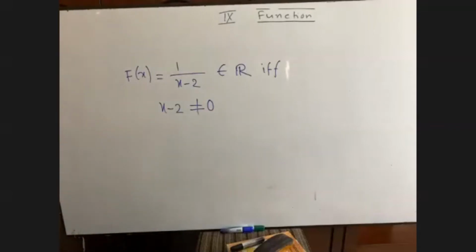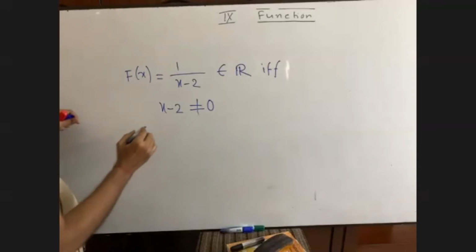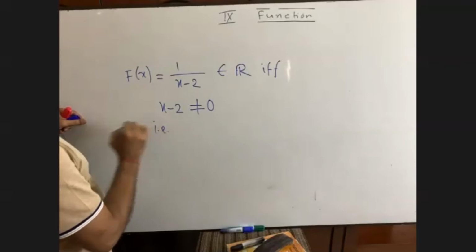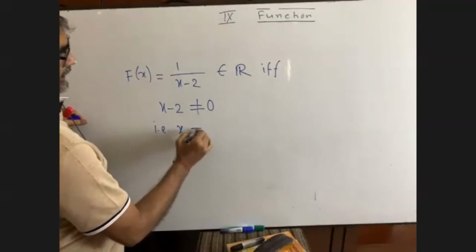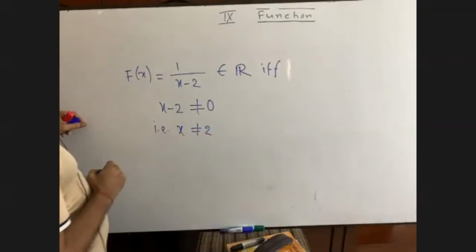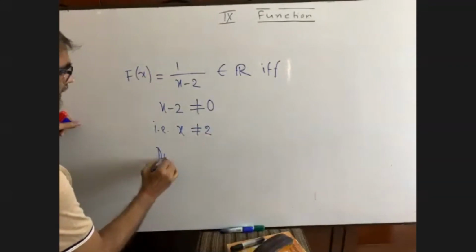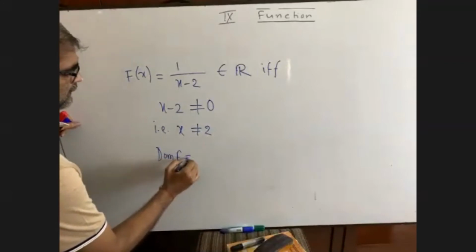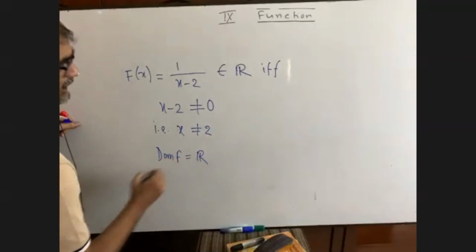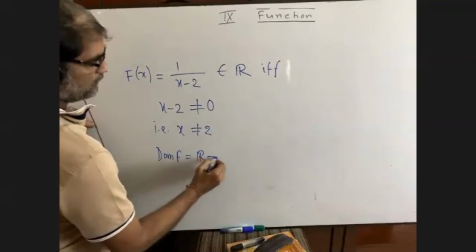Right? Denominator is never 0. For a fraction, the denominator will never be 0. So we are getting x not equal to 2. Domain is equal to real numbers except 2.